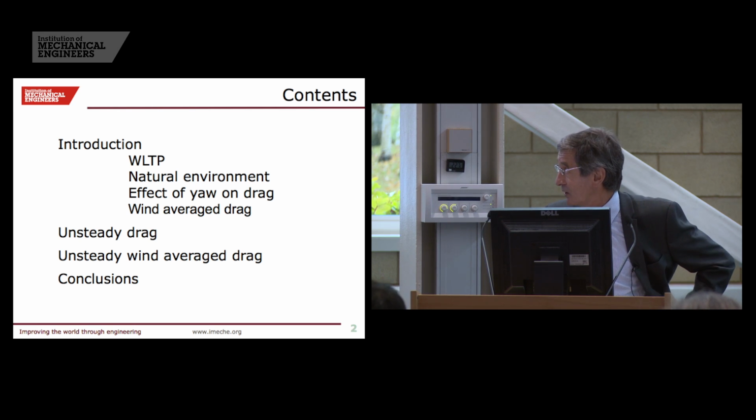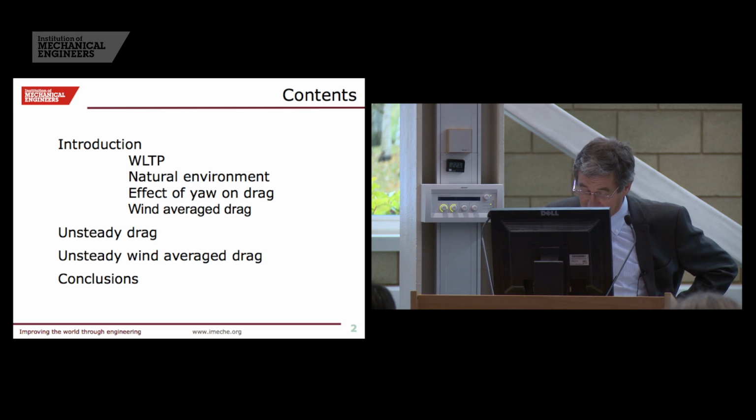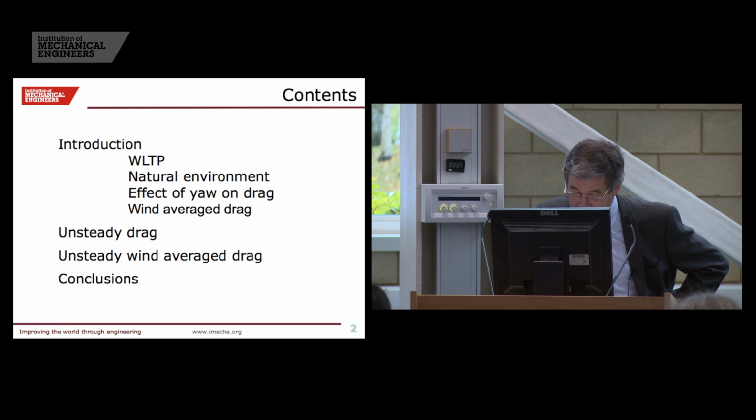I'll say a few words by way of introduction, mention again the WLTP. We'll discuss very briefly the natural environment that the vehicle exists in. Look at the effect of yaw on drag. At this stage, we're still repeating essentially what Steve has already covered.